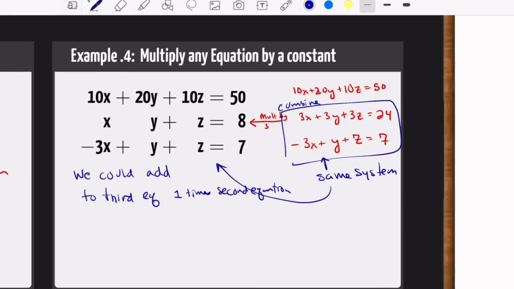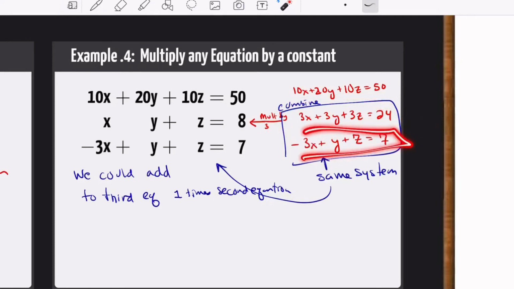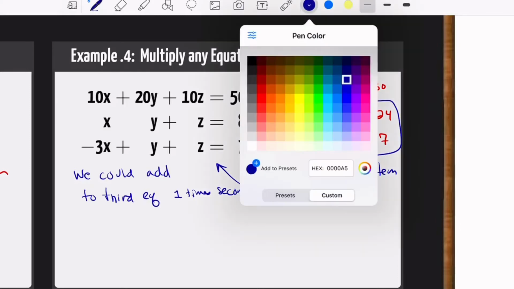So I'm going to leave these two alone. These two equations stay the same. All I'm doing is changing the third one. What am I going to do? I'm going to add 1 times that entire row, and I'm going to add it to that one. So this one will be the new resulting combination of that one and that one. That's going to give me the following. The first two are not changing, so I might as well go ahead and write them.